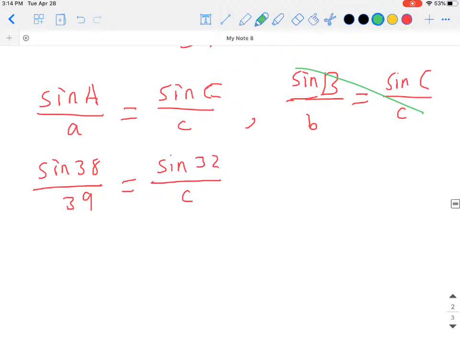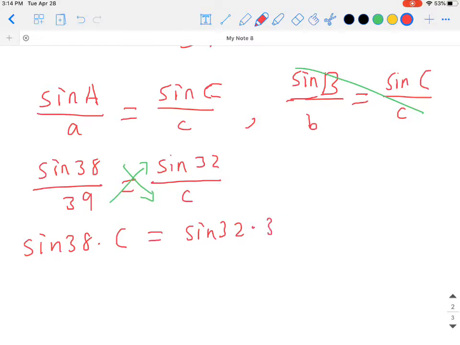And we are trying to solve for c here. Again, we can apply cross multiply. Cross multiply right here is sine 38 multiplied by c equal to sine 32 multiplied by 39. And later on, you divide by sine 38 on both sides.